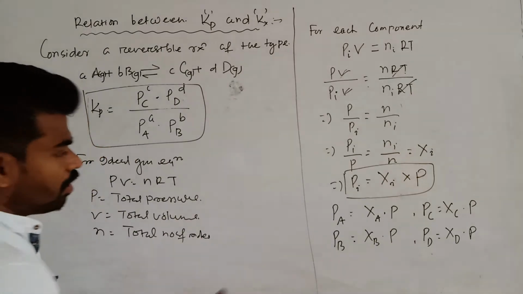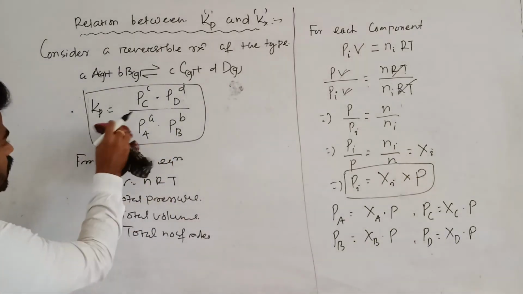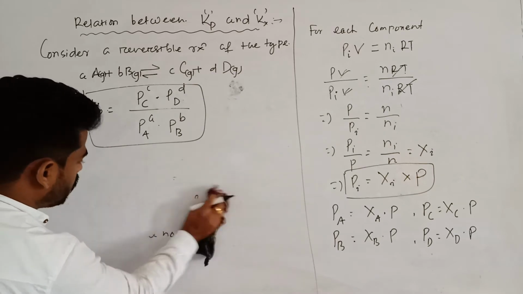Now substituting all these values of partial pressures in the Kp expression. So what will we get over here?